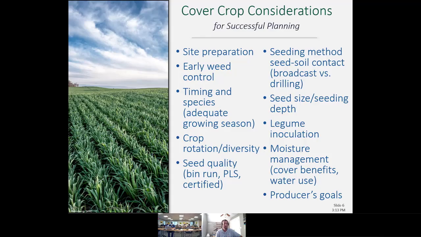And we have to really think about moisture management, cover crop benefits, and their actual water use, and how not only planners but producers could utilize the cover crop in many different ways to help them address this moisture management. And lastly, and I need to come back to this even more, as planners, when having these conversations with producers, we need to make sure we address those producers' goals.